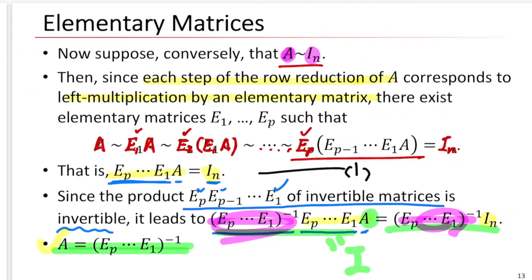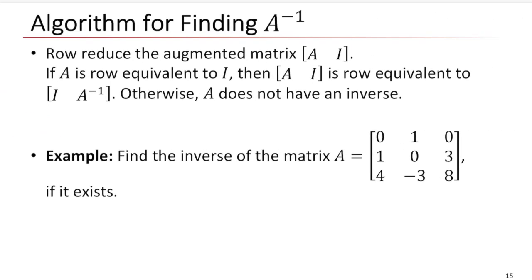Okay. So yeah, here is the algorithm for finding A inverse. Almost done. So why did we learn this chapter? We are interested in finding the solution of Ax = B, right?